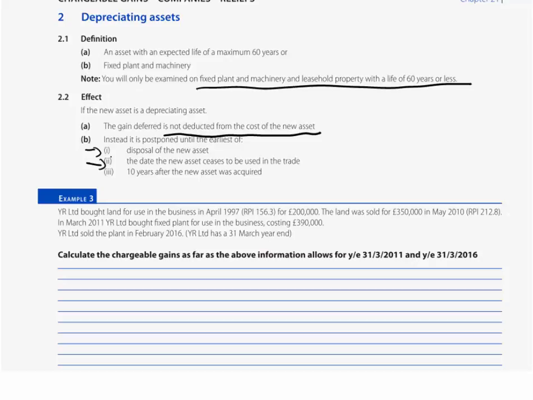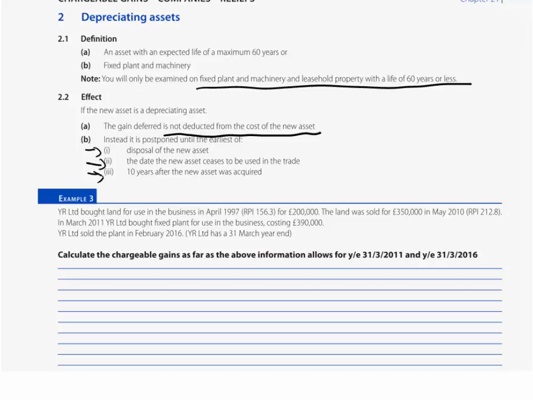Or if nothing else happens in terms of those first two, then there's a time limit, and that is 10 years after the new asset was acquired. If we still own it, haven't sold it, still use it in the trade, then at that point that deferred gain will crystallise. So here, with this type of relief, what I'm calling holdover, you've got a time limit that applies. If nothing else has happened in terms of sale or cessation of trading use of that asset, then 10 years after acquisition, the gain deferred will crystallise.